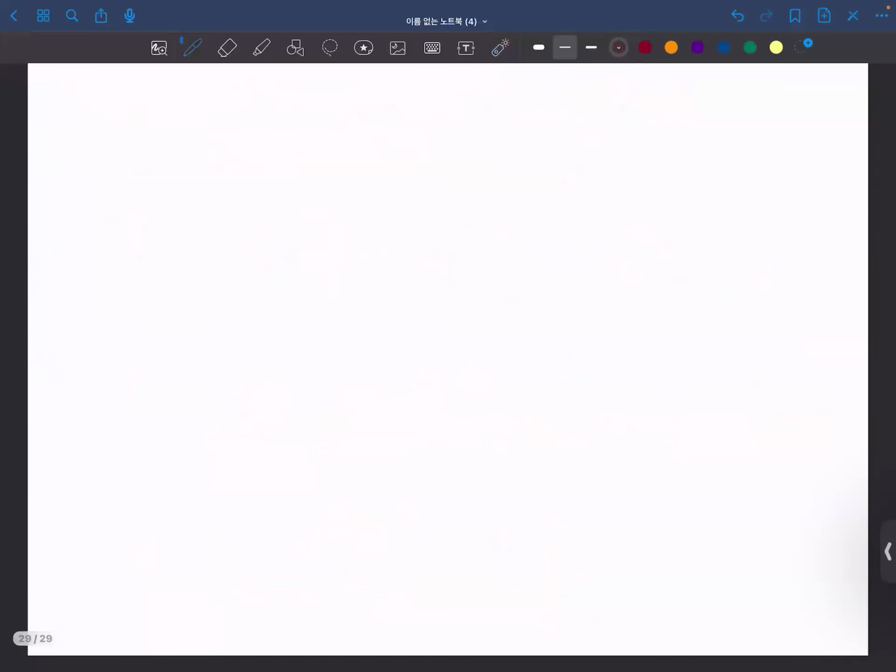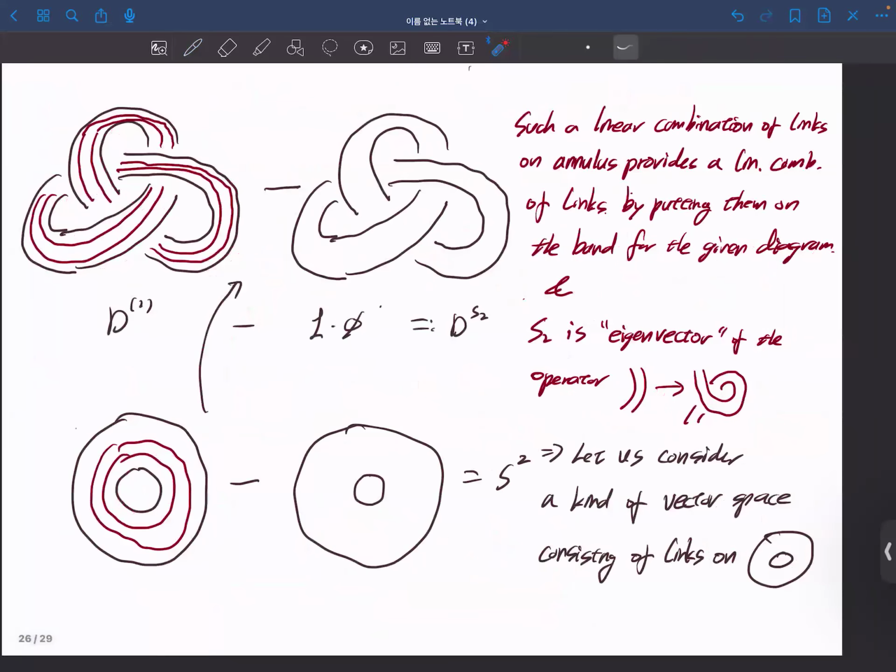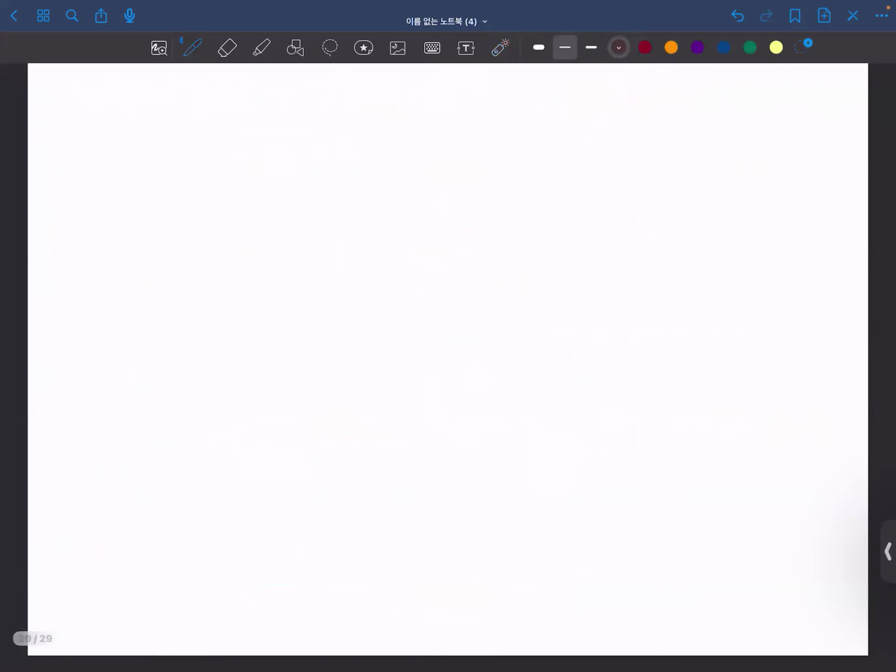And then, let me remind what we did. Here, firstly, we get linear combinations, and we put them to the band. And we define that operation, which is called the threading operation.